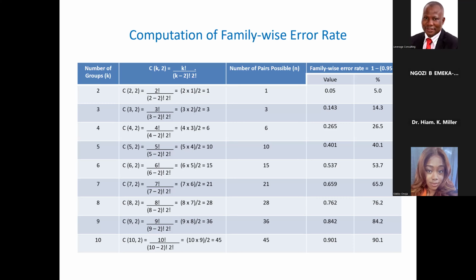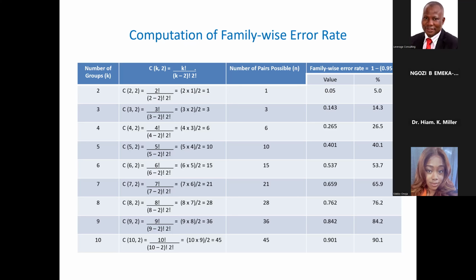So, looking at it here, if you calculate for the number of pairs, if there are only 2 groups, that's what you use the t-test for, where you have only 2 groups. You can only combine 2 groups in only one way. That's why the number of pairs in the middle column is 1.